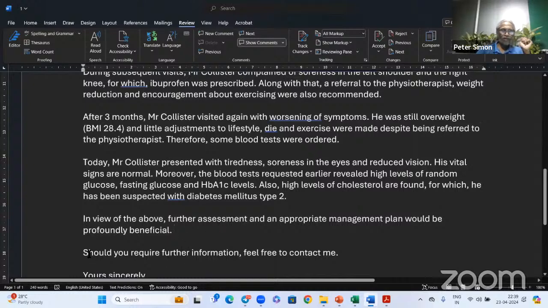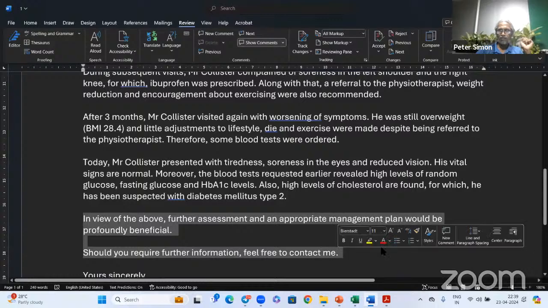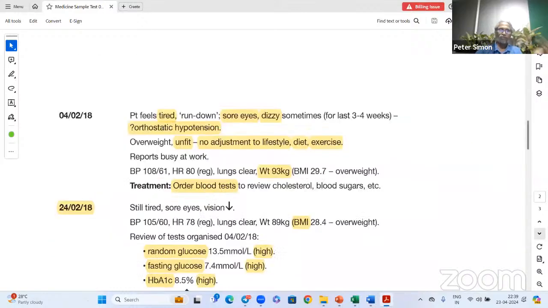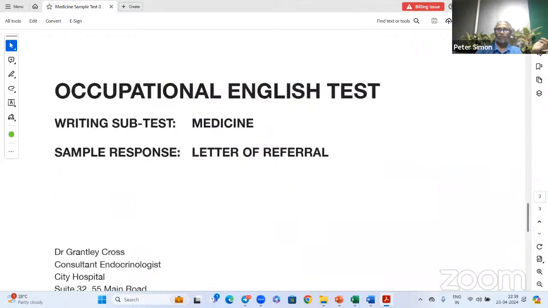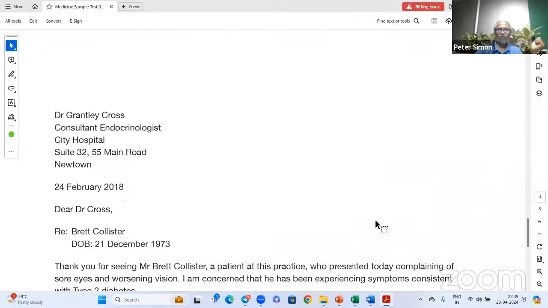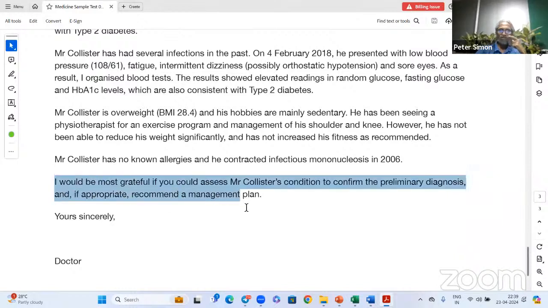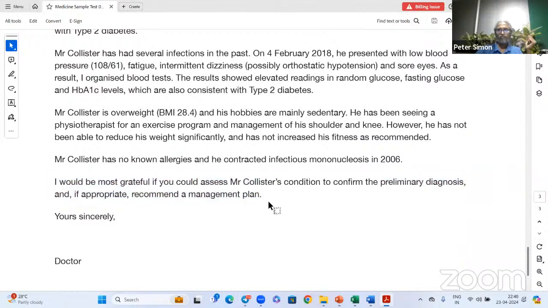And then this paragraph can be joined with this paragraph. Many people say the last paragraph should be written separately. If you want to see the sample letter, you can see here, this is the last paragraph.